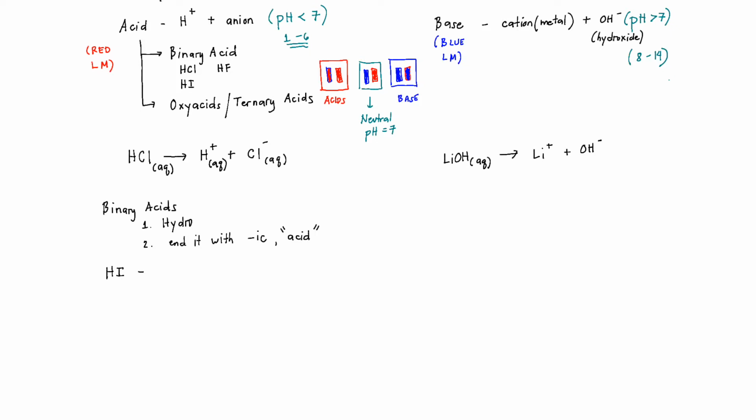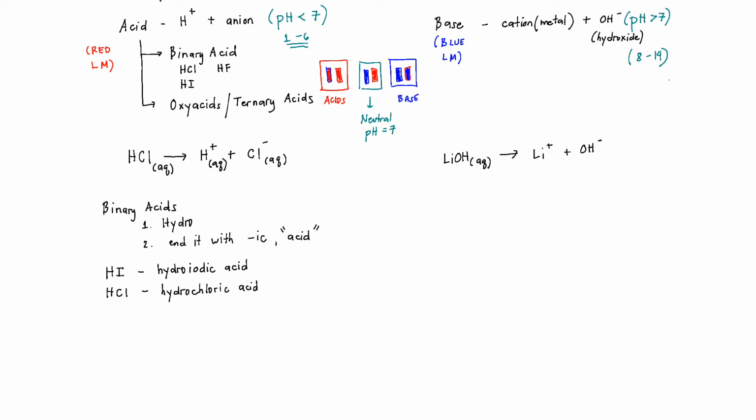So this one will be named as hydroiodic, and then the word acid. This one will be HCl, and therefore it means hydrochloric acid.